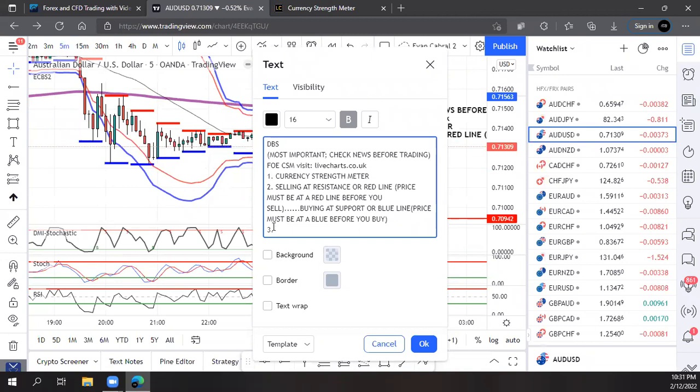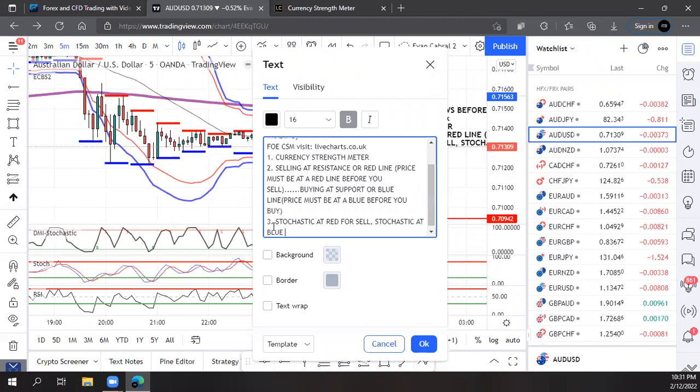Your stochastic. So third thing, stochastic at red for sell, then stochastic at blue for buy. I'm going to change all this.